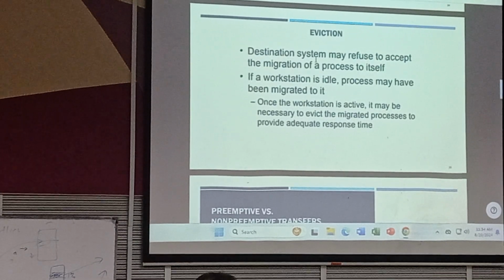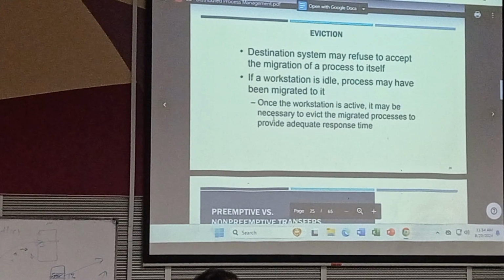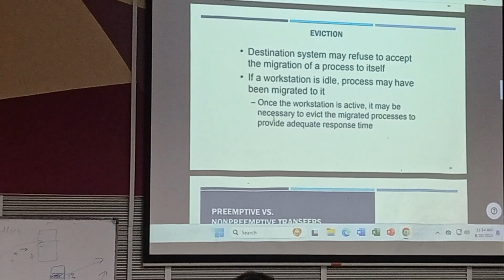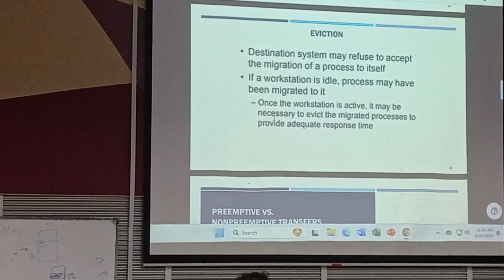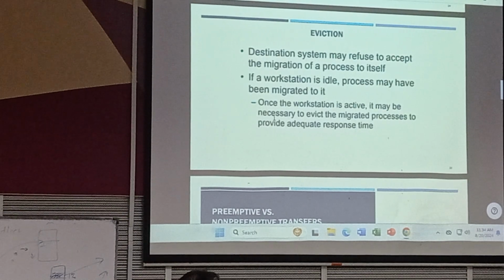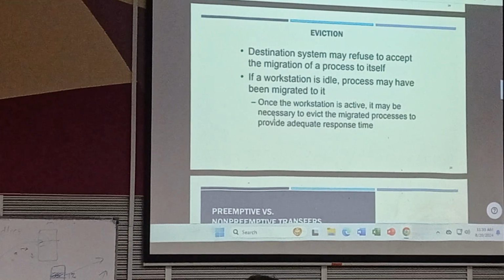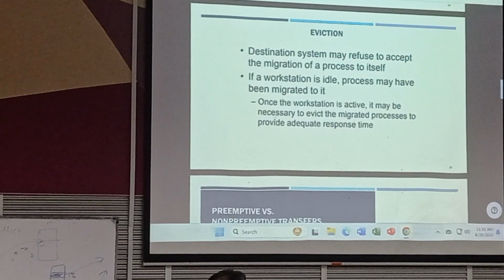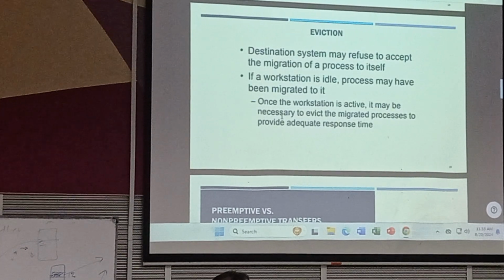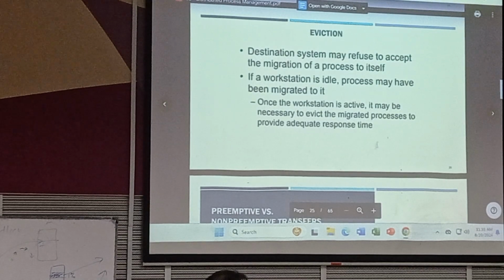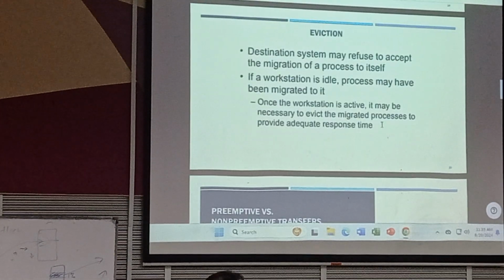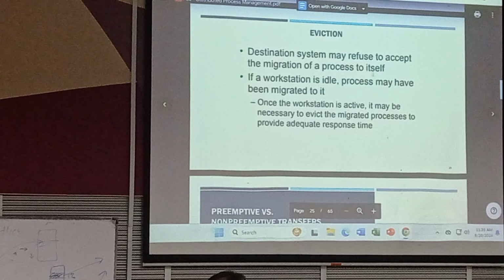If you don't have enough credits, it might refuse to do the migration. Or maybe you don't have the authority. Let's say you're not the only user able to use the machine. Now this process tries to migrate, but it cannot because it does not have the privilege, because maybe the user is not authorized to use it. So it has its own policy and it can evict it.